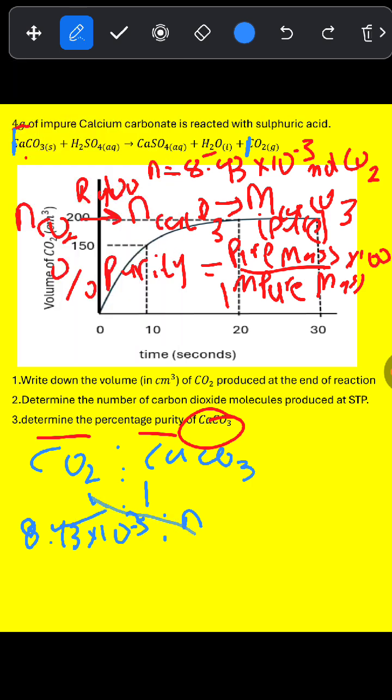Even if you don't multiply, 1:1 means the number of moles will be the same, because the ratios are the same. So n is equal to 8.93 times 10 to the power -3 mole of calcium carbonate.